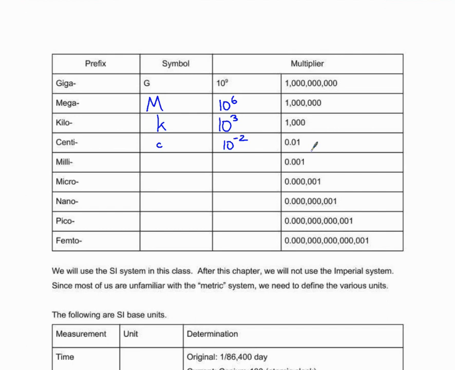Next up is milli. The abbreviation for this one is a lowercase m. It is a multiplier of 1/1000th, or 10 to the minus 3rd. So there are two frequently used units in terms of milli in a chemistry classroom.